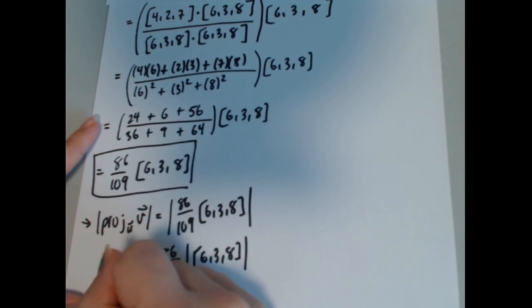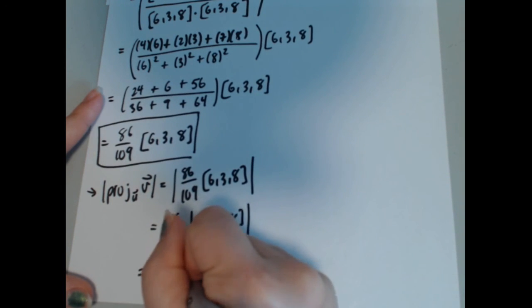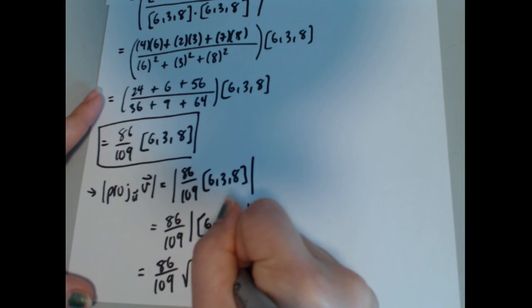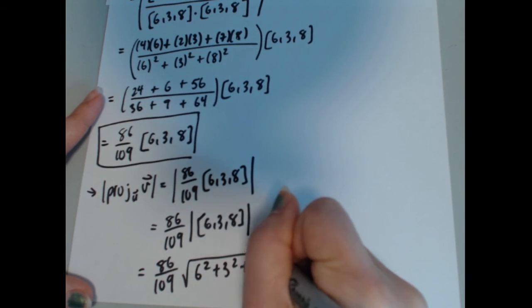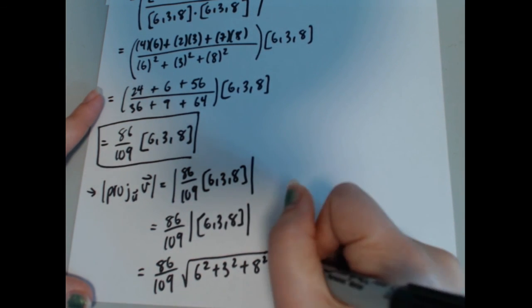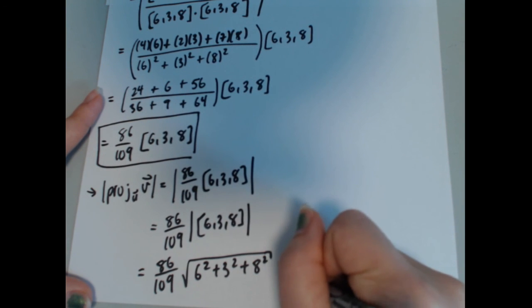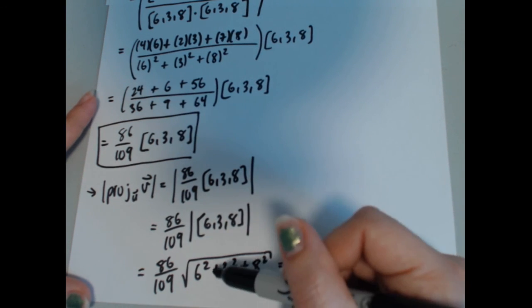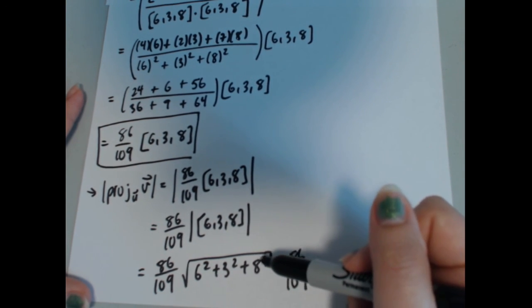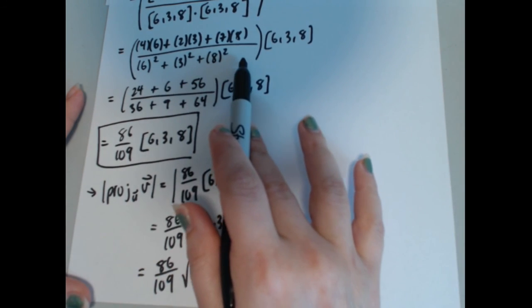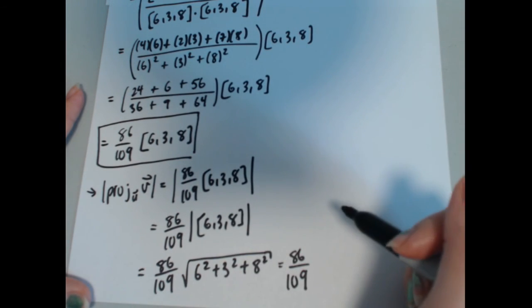Now you know how to take the magnitude of a vector, right? Take the square root of the sum of the squares of the dimensions. So 86 over 109 times the square root of 6 squared plus 3 squared plus 8 squared. Well, we just did that in the denominator here, and it turned out to be 109.